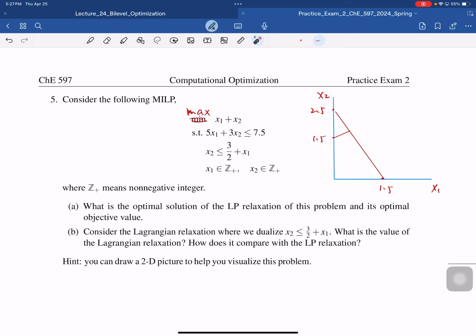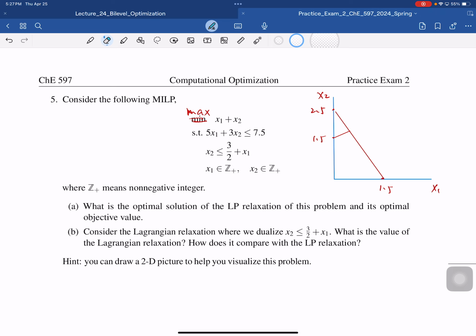And then for problem B, consider the Lagrangian relaxation where we dualize the second constraint. What is the value of the Lagrangian relaxation? We know that the value of the Lagrangian relaxation is equal to optimizing over the convex hull of the constraints you did not dualize, intersected with the constraint you dualize.